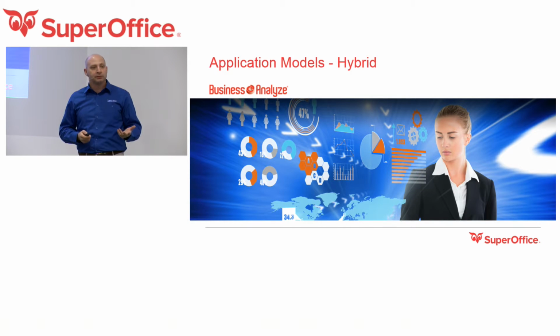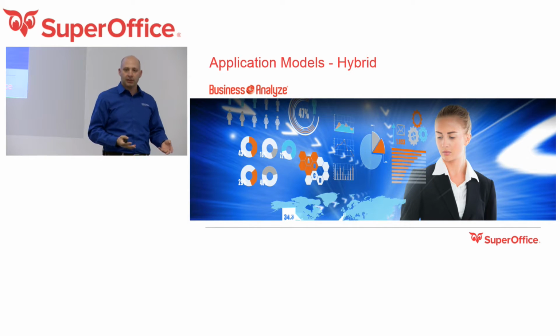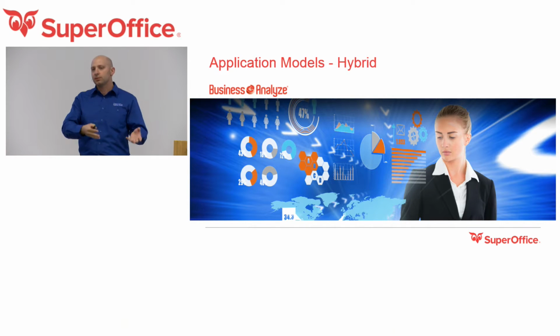A hybrid model could be Business Analyze, where you install their application, they provision the application, and you have the capability to configure the reports either inside SuperOffice or on their website. It's pretty straightforward, pretty simple.